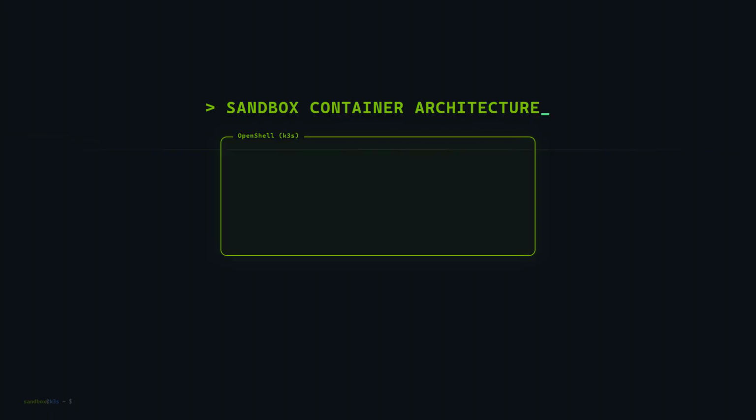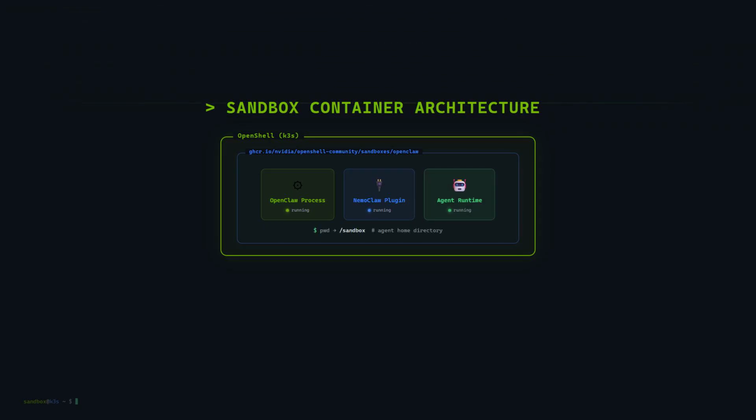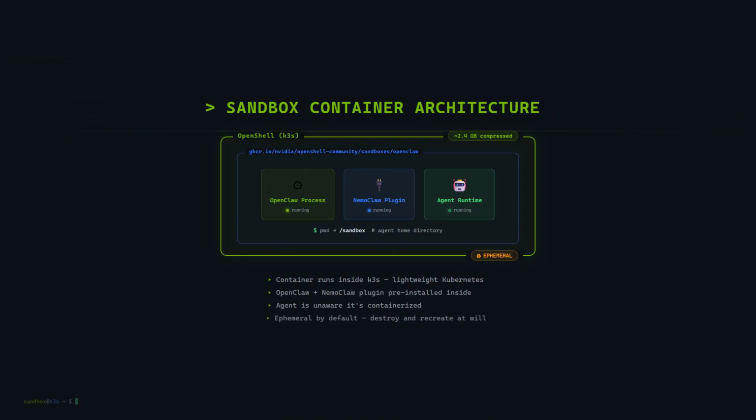The sandbox itself is a container image hosted at ghcr.io's NVIDIA OpenShell community sandboxes OpenClaw, about 2.4 GB compressed, and it runs inside K3s, which is lightweight Kubernetes, managed entirely by the OpenShell platform. Inside this container, OpenClaw runs with the NemoClaw plugin pre-installed. The agent runtime, the tool framework, the memory system, all of it lives inside the sandbox.